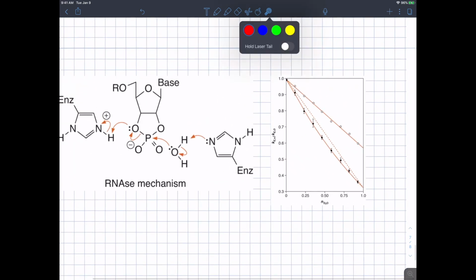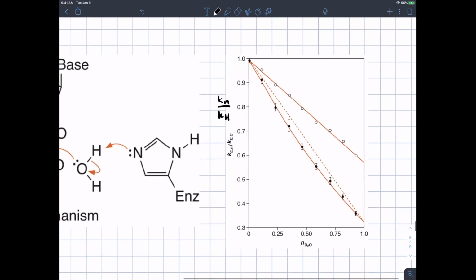So the folks who did this experiment measured the ratio, which on this axis is Kn divided by Kh, the rate constant in mixtures of D2O and water versus the reaction in just water. And in black dots here, you have the plot of Kn over Kh versus the mole fraction of D2O that's present.